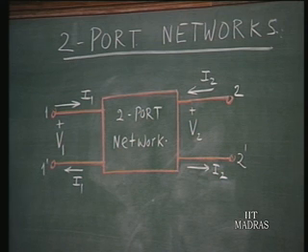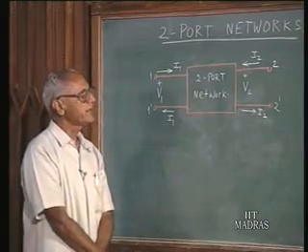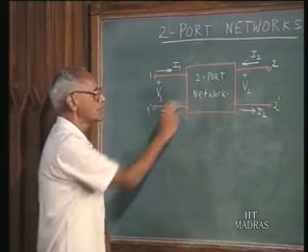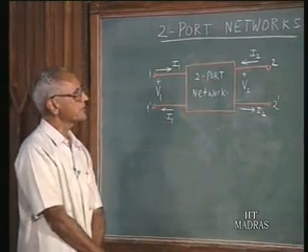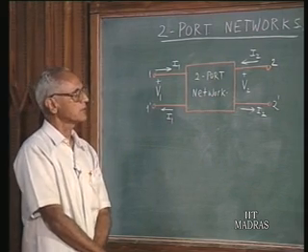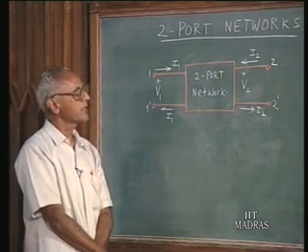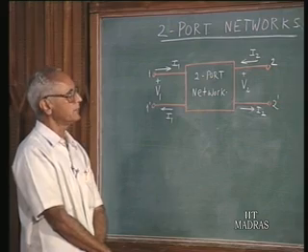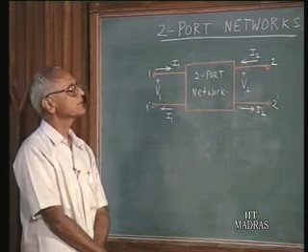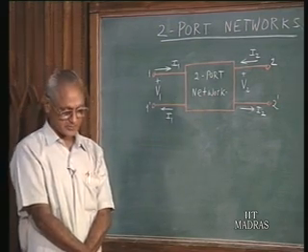Now, we have 4 variables to deal with: V1, V2, I1 and I2. So, any two of these are linearly related to the other two by virtue of the linear time invariant property of the network. So, depending upon the particular context, we take two of them as the excitation functions and the other two as the response functions.